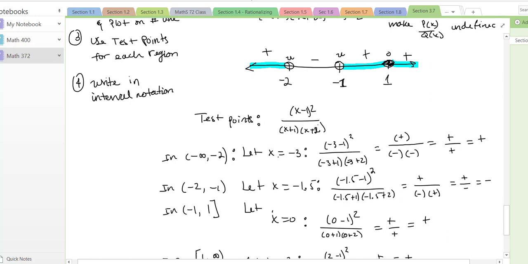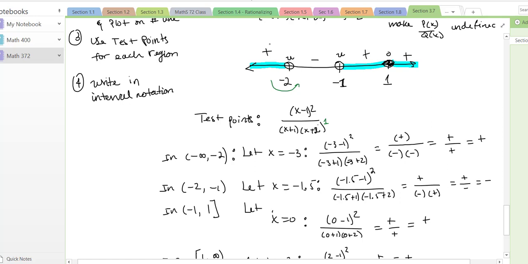Starting with my x equals negative 3, I can still do my test point and notice that I get a positive. Now, using my little trick about the power, as I go across negative 2, I'm going to ask myself, which factor gave me negative 2? Well, negative 2 came from x plus 2 to the first power. So since the power is odd, my sign is going to change.